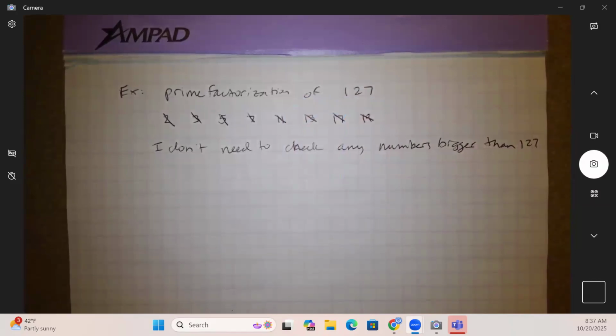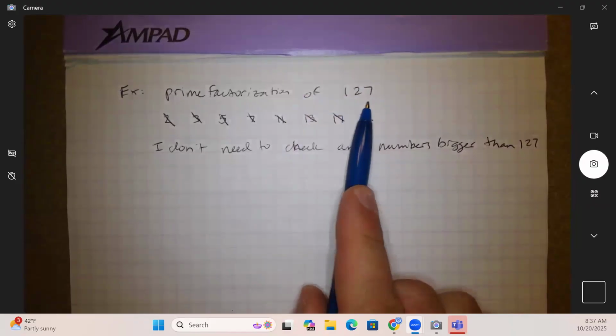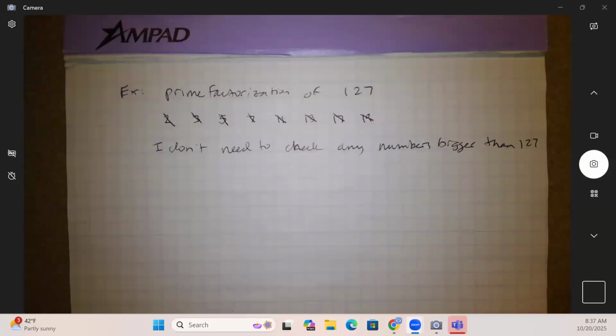Because that obviously wouldn't divide. But that's still a lot of numbers, right? Even with the primes, that's something like 30 prime numbers I'd have to check. And 127 is not a very big number. Can I lower that limit? Can I stop even sooner?